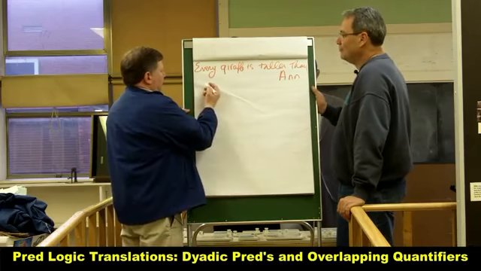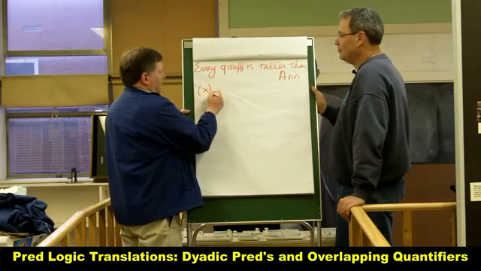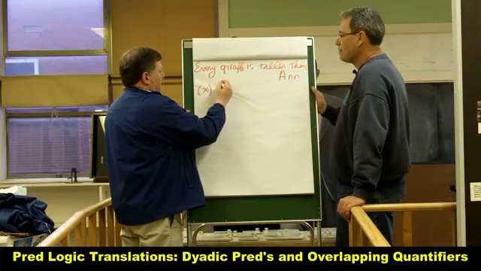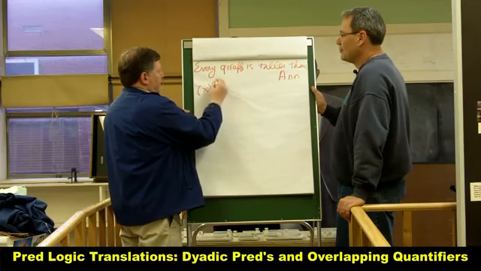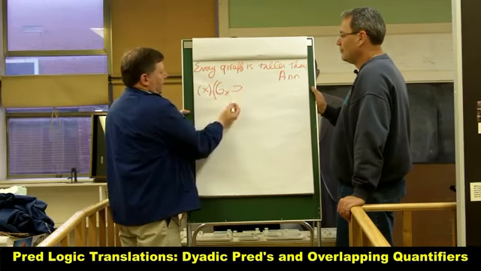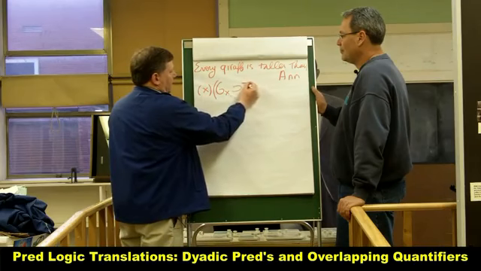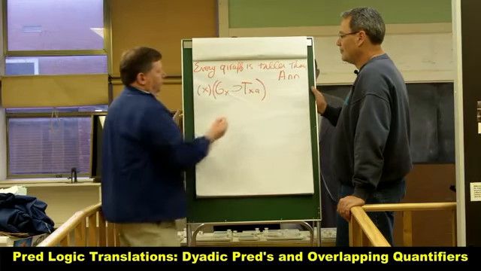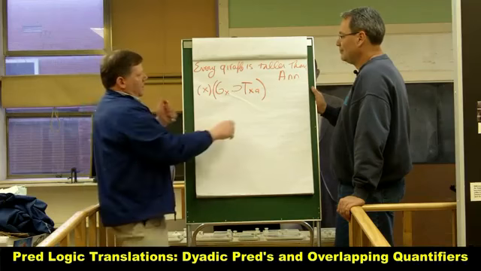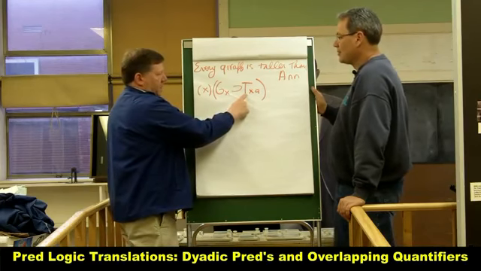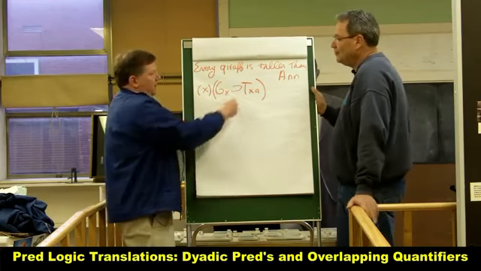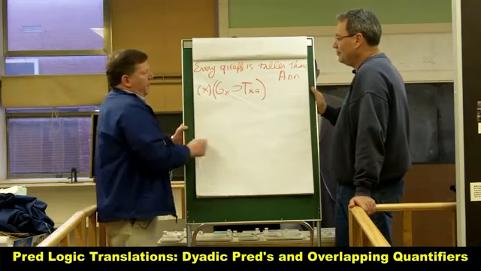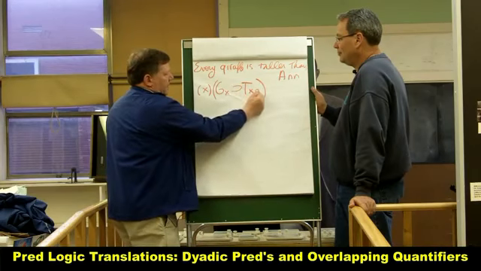So we want to say for any x, if x is a giraffe, then x is taller than Anne. So we're letting T stand for a dyadic predicate, is taller than. So this says x is taller than a.